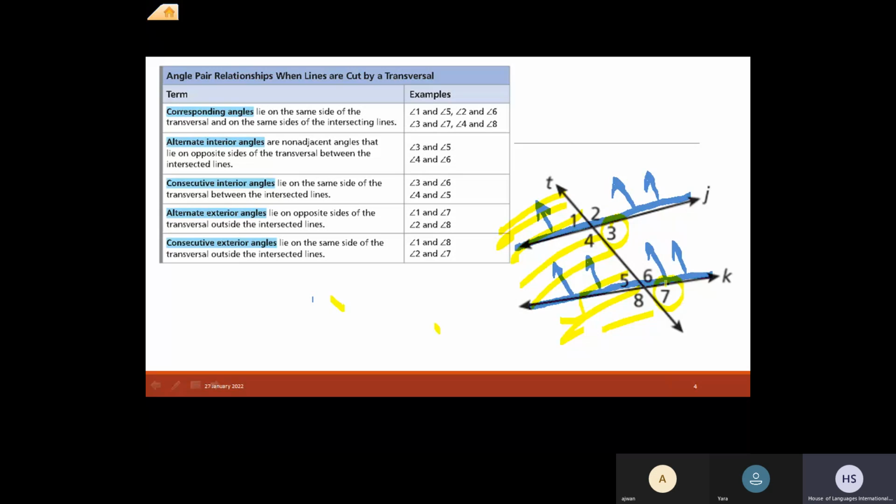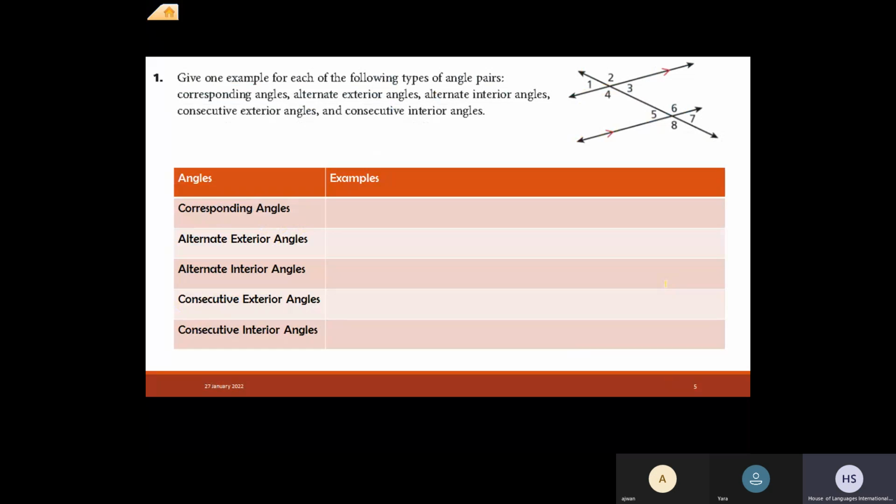These are corresponding angles. Is it clear? We have 3 minutes left only. Let's try solving this one mentally or without writing them.